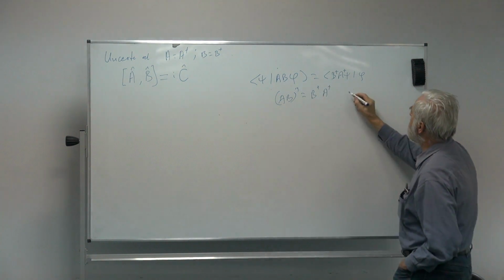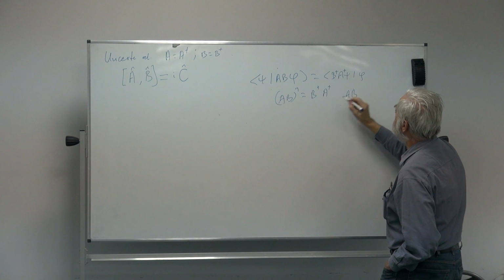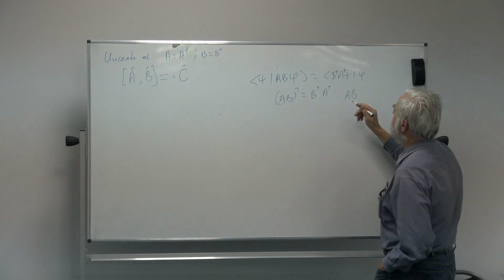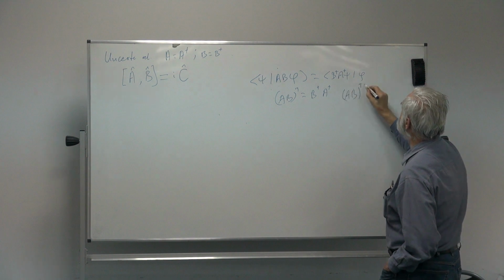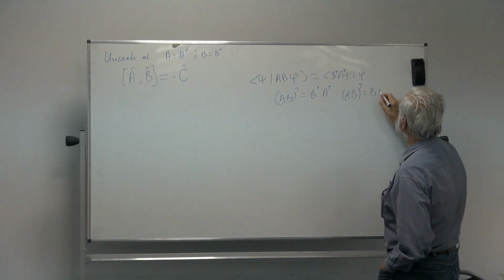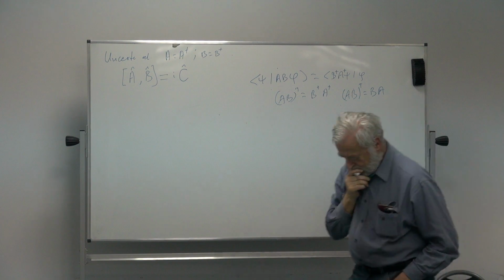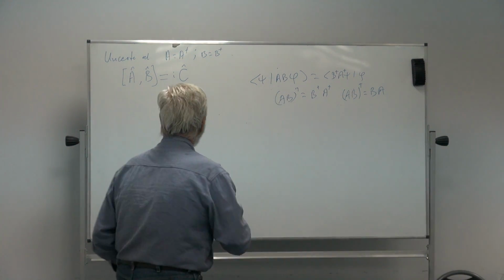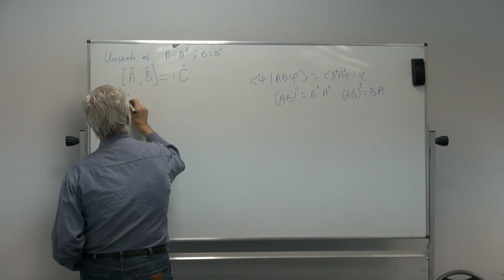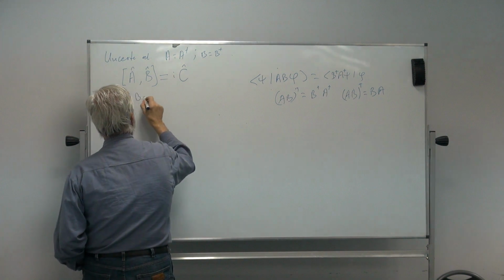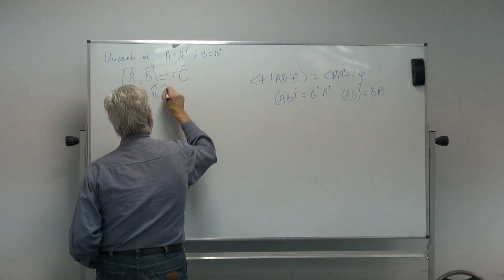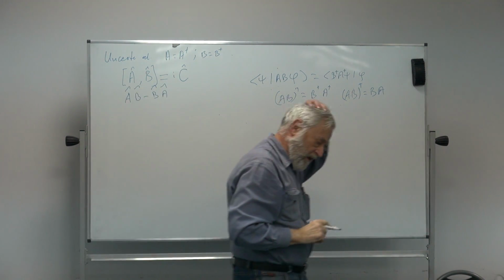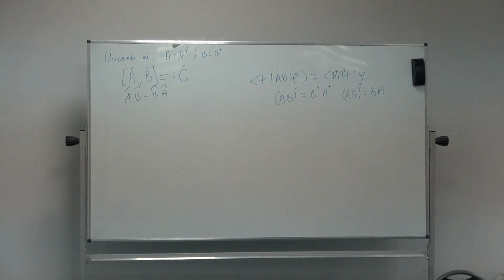In other words, if A and B are Hermitian, then the Hermitian conjugate of AB is BA. Therefore, because of this property, our commutator is anti-Hermitian.